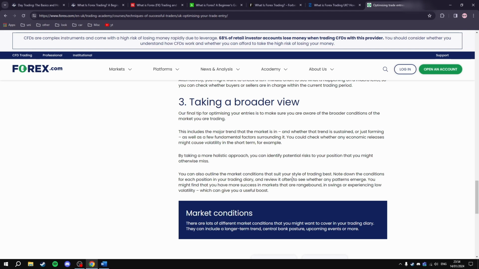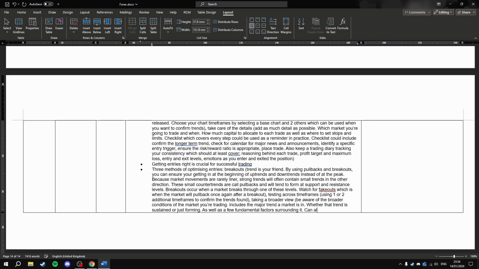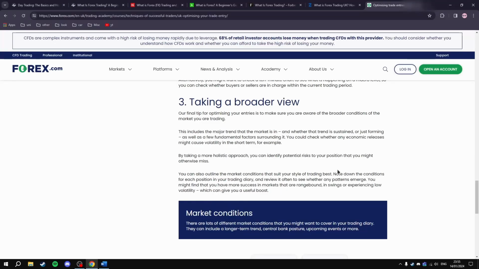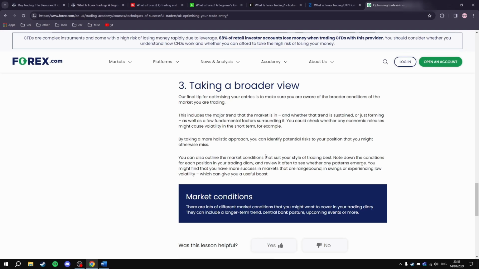You might find that you have more success in markets that are range bound, in swings, or experiencing low volatility, which can give you a useful boost.